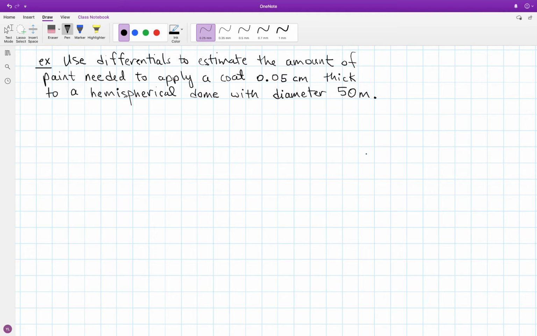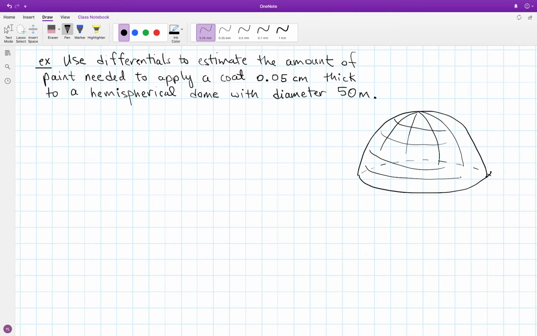So let me draw the picture of a hemisphere over here. Okay, a hemisphere more or less. And I want to imagine covering this thing with paint, and that's going to increase the thickness of the surface of this, and I have to draw that thickness somehow.